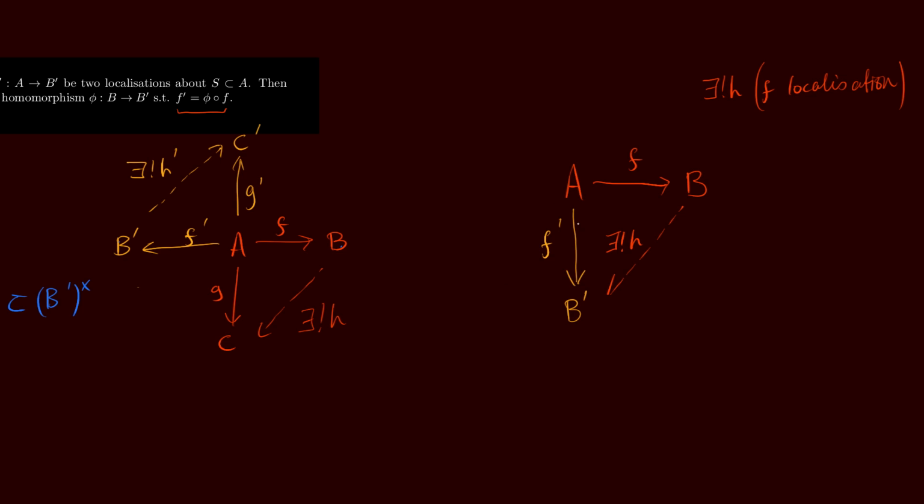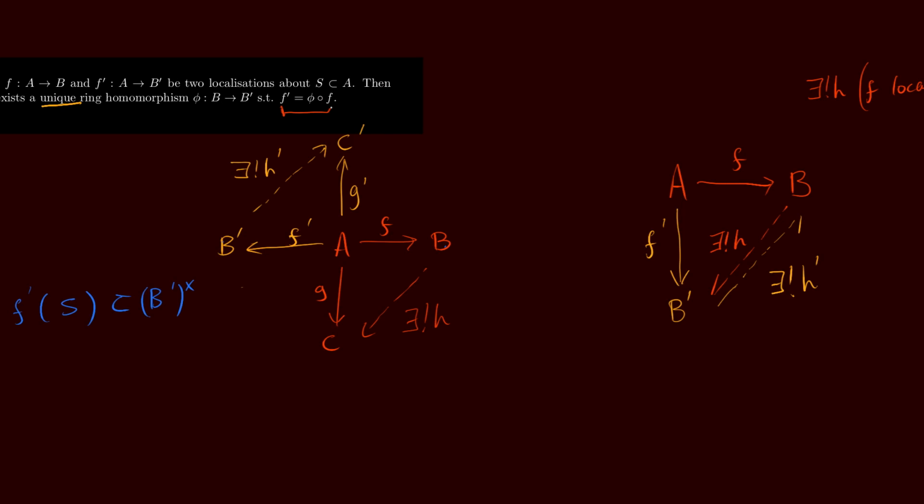That is that F prime is a localization, and F is a map which sends S into the group of units. So therefore, there will exist another unique homomorphism from B prime to B. We don't need that exactly here.